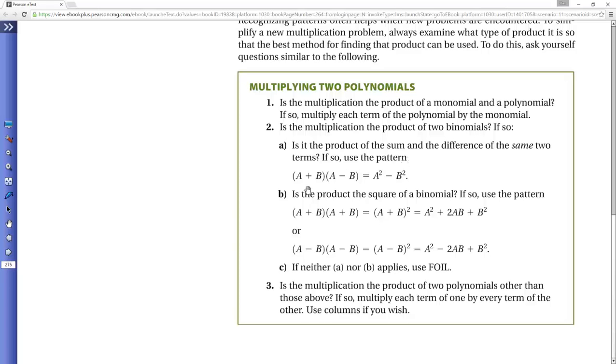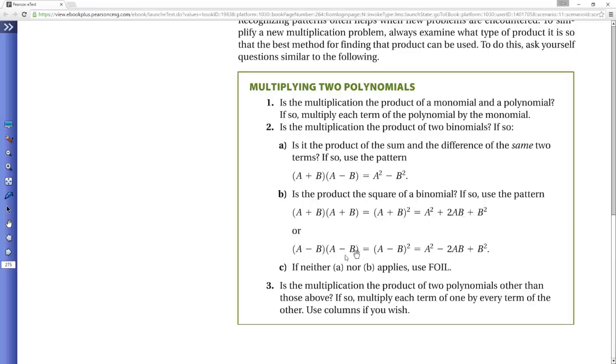One is, do they end up having a difference of squares situation like this? If so, then you should be able to write directly the first term squared minus the second term squared. Is the product a square of a binomial? Do you have something like this? And if it does, it follows this pattern.